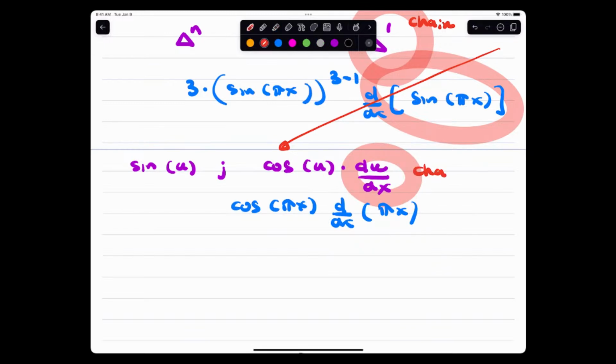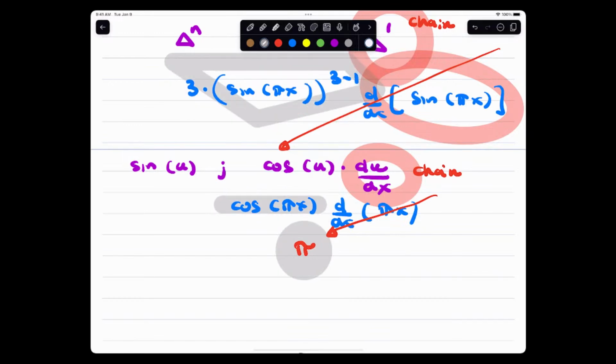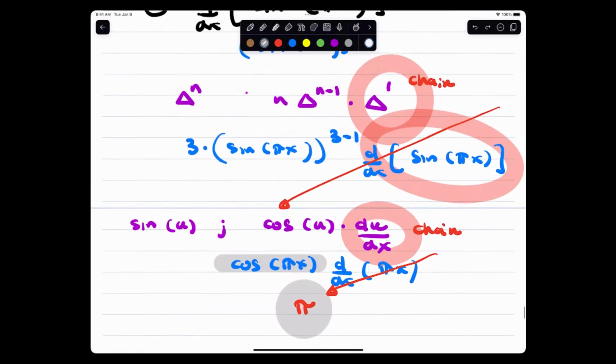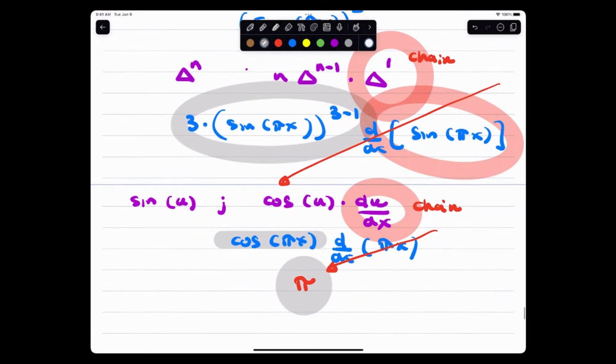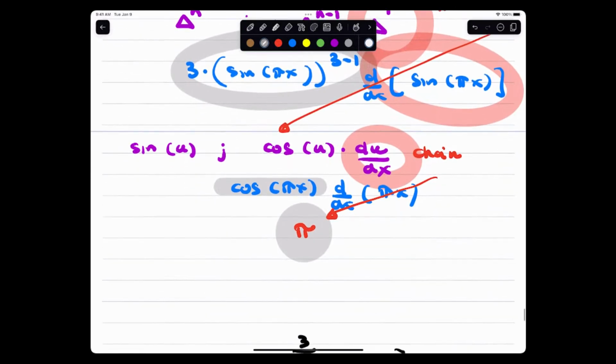You need to know the derivative of pi x, which is going to be pi. So just make sure, ladies and gentlemen, that you remember everything here. You don't want to forget any of this because it's all part of your answer. And then, of course, what's 3 minus 1? Isn't that 2?